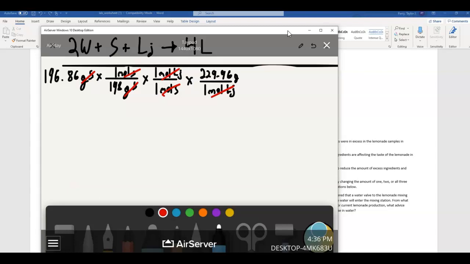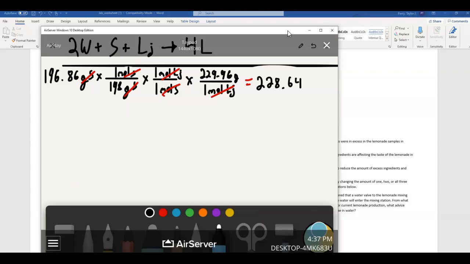Times 229.96. Okay, so this is kind of interesting because my answer, and hopefully you got something similar, is around 228.64. Okay, that is my value, assuming I did this correctly, and I think I did.